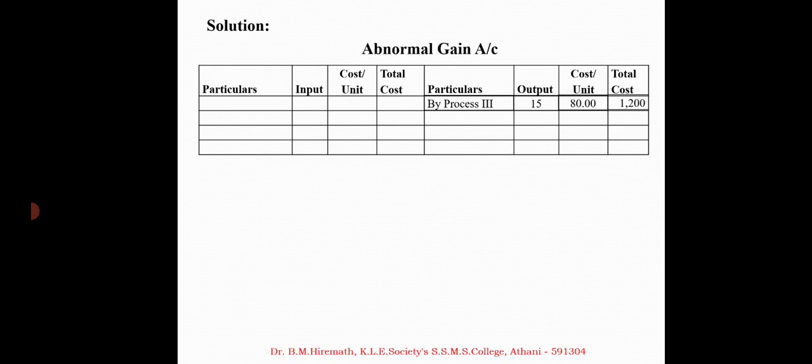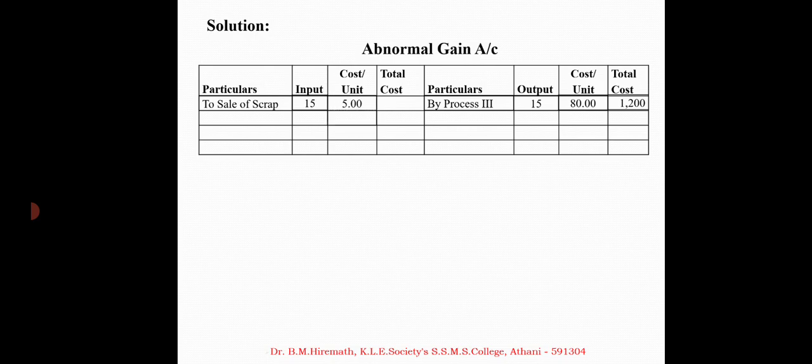But this 15 units into 80, rupees 1200, is not the gain, because if there would be a normal loss, there may not be any abnormal gain. If this is also a loss, then the units of abnormal gain would have been sold as scrap.